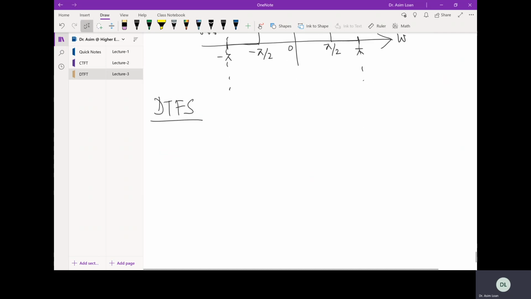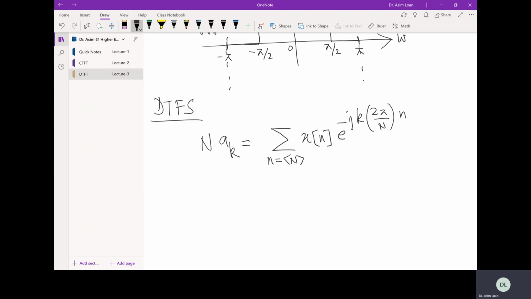For the discrete time Fourier series case, we have a_k equals 1 over N, sum over N values, x of n e^{-j k 2 pi n / N}, and then we had x of n equals the sum over N values of a_k e^{+j k 2 pi n / N}.